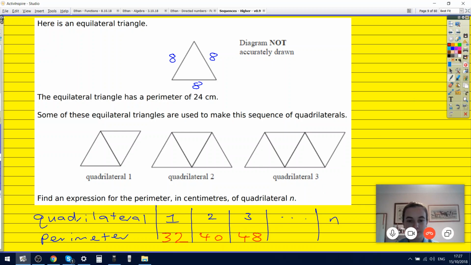Okay, so try using the table. So then 8 plus 24.